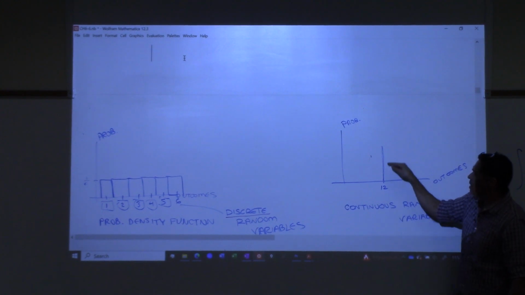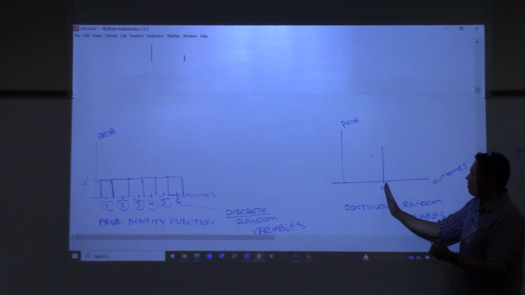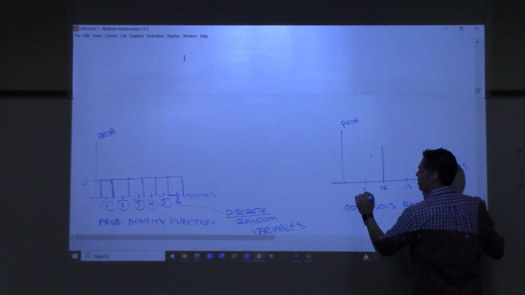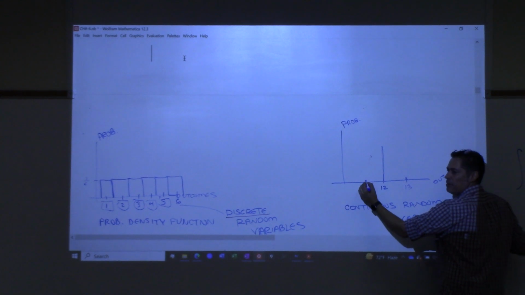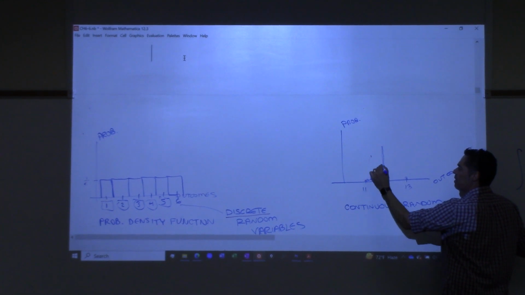Do you agree that the probability should be pretty high that it's going to lie in this really tiny window? Yeah? And if I go, let's say this is 13 ounces, and this is, let's say, 11 ounces. I think we would agree that the probabilities over here would be pretty small, wouldn't they? But we should expect that it goes, if we were to continue doing rectangles, we should expect to see something that goes like this, and then comes back down like that.